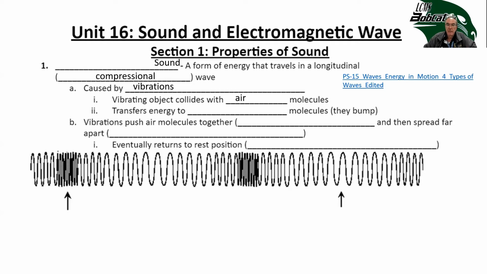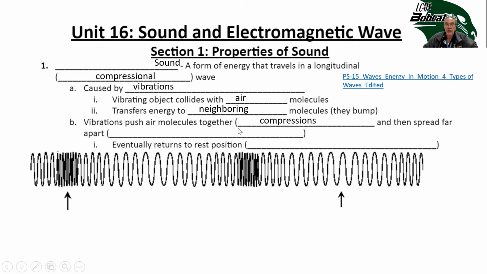Because a sound wave is a mechanical wave, the vibrating object collides with the air molecules, and when it pushes onto the air molecules is what causes the compression. They transfer energy from one molecule to the next molecule, like we learned in the last unit on waves in general. As the compression bumps together, it pushes the energy along through the medium.